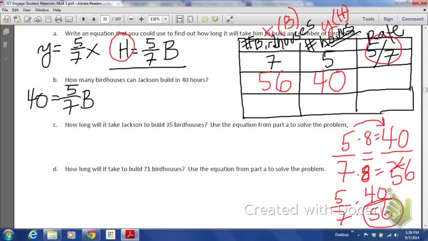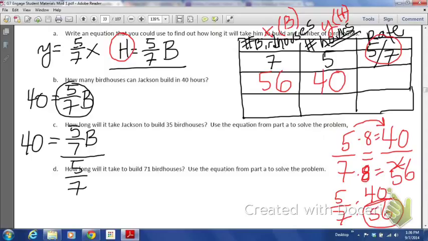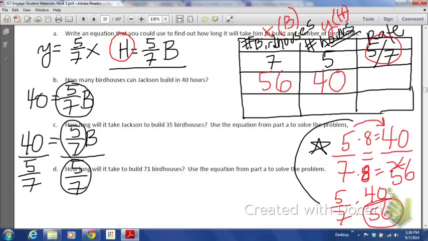The way we isolate this b, like I told you before, is that we divide by the 5/7. So 5/7 b, and we divide that by 5/7. What we do to one side, we do to the other. We have to manipulate fractions in a similar way. When you divide 5/7 by 5/7, that's of course going to be 1. So we're going to get b on this side.